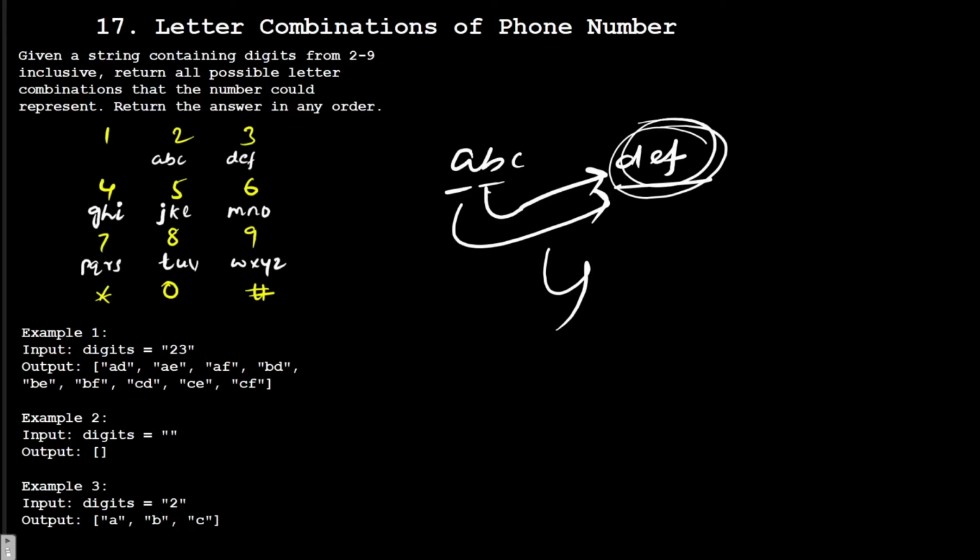If you have many numbers like 2 3 4, first we have to find all the strings from 2 3, and then again check for 4. So this is the way we can solve this problem. I don't think I need to explain this or write code for it.